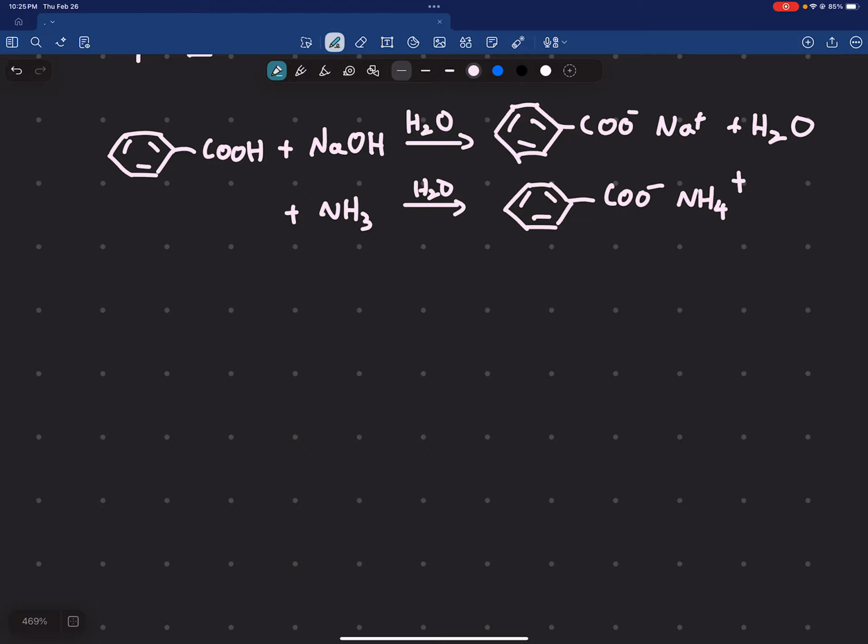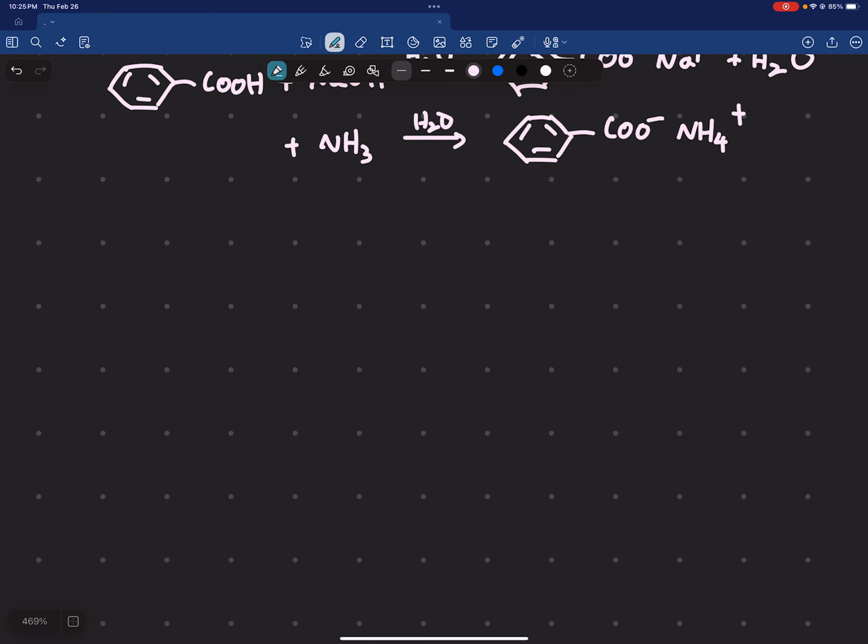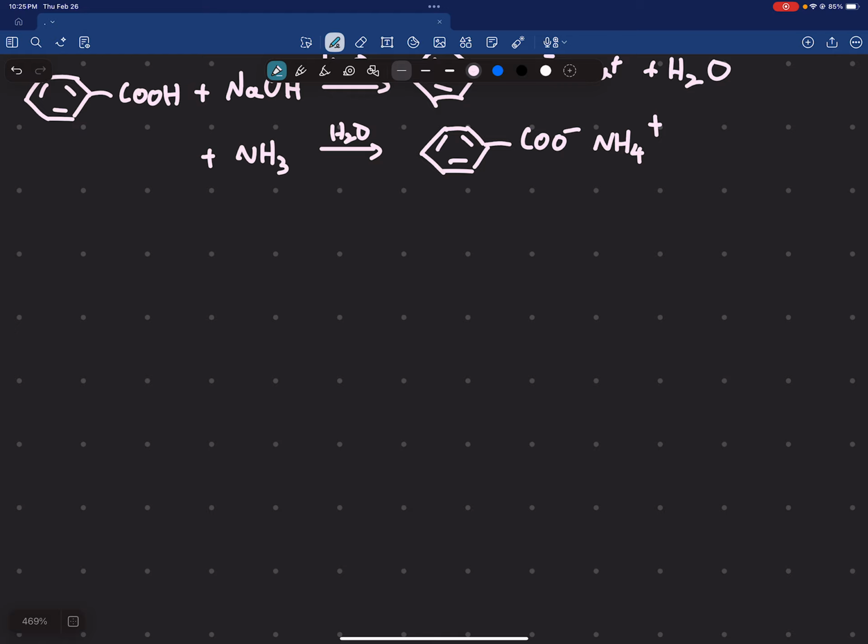Let's move on to the preparation of carboxylic acids. How do we prepare carboxylic acids? They can be prepared through carboxylation of Grignard reagents.